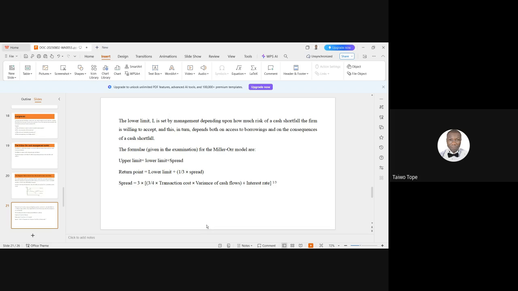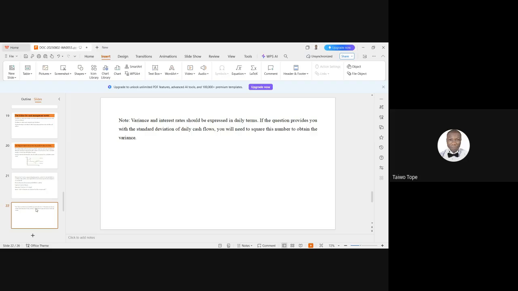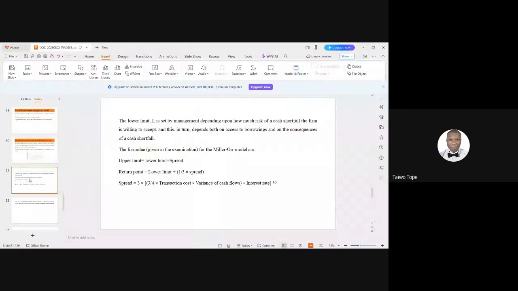Let's see, we have an example to illustrate this. I said note: variance and interest rate should be expressed in daily terms. This is very important. Some questions will give you some values in years, some values in days.